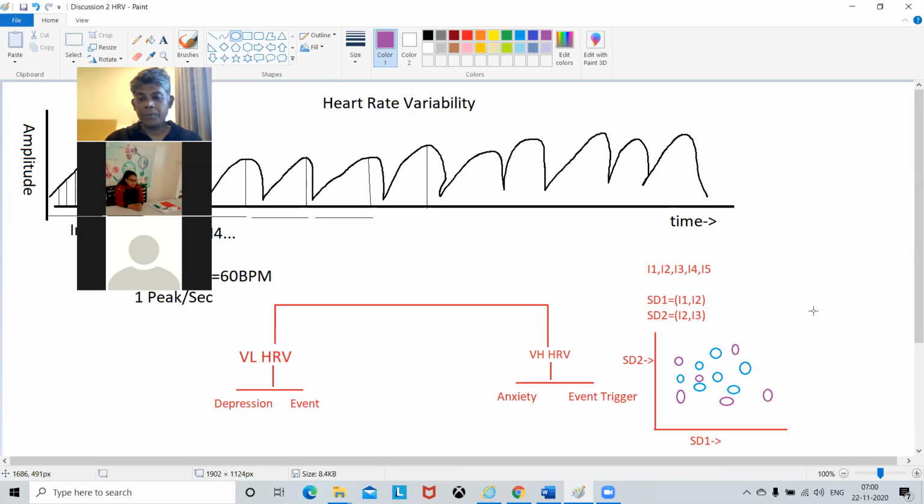Now, let's assume that there is no heart rate variability, or heart rate variability is nearly zero. Under that situation, how are you going to get this plot? The plot will be something like this, because there is no heart rate variability, so all the points will appear in almost the same place.